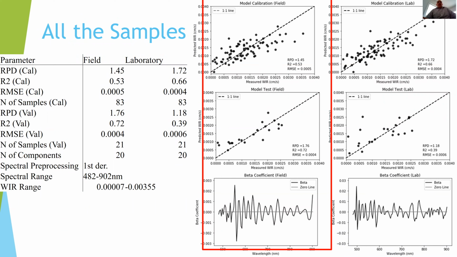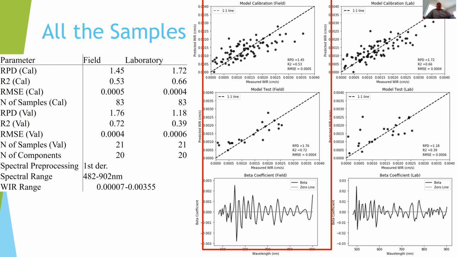And here you see the models that we used for the soils. On the left-hand side is the model that we generated from the field, and on the right-hand side, the model we generated in the laboratory from the same samples for water infiltration rate.